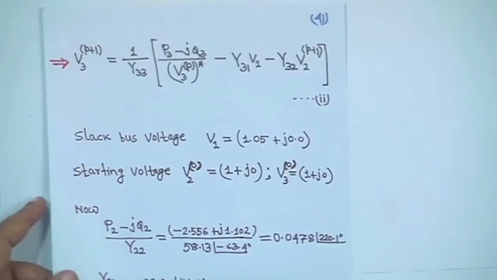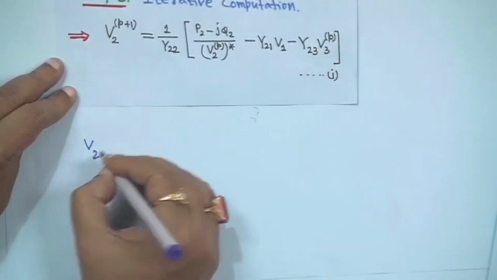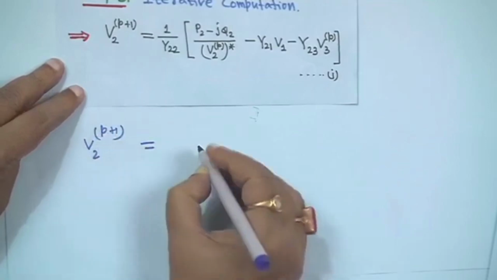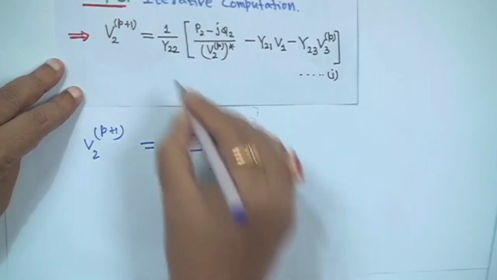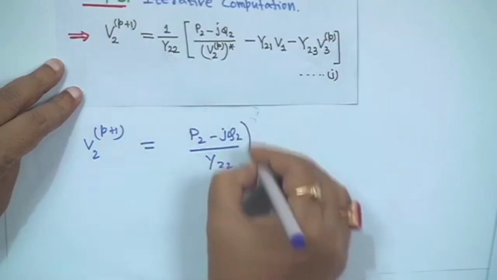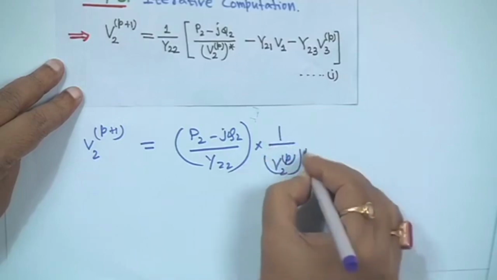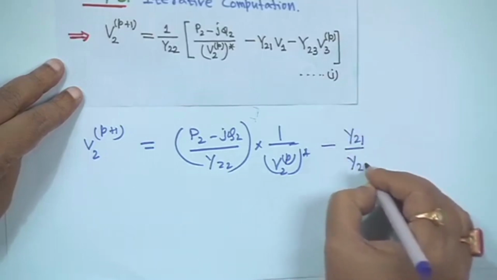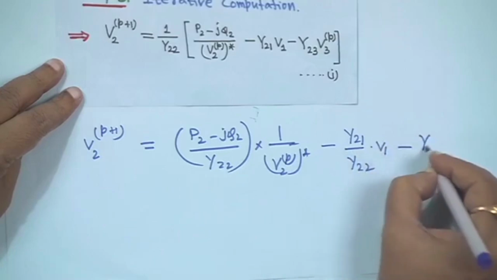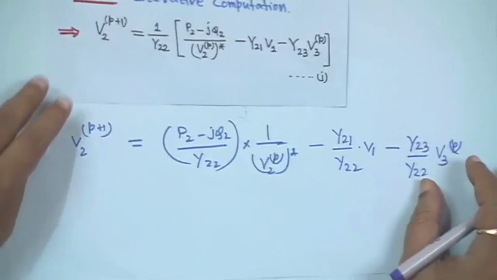For example, how will we compute this? Look, I am writing this equation here: V2(P+1) equals P2 minus jQ2 multiplied by 1 upon Y22, into 1 upon V2(P) conjugate, then minus Y21 upon Y22, all capital, into V1, then minus Y23 upon Y22 into V3(P).